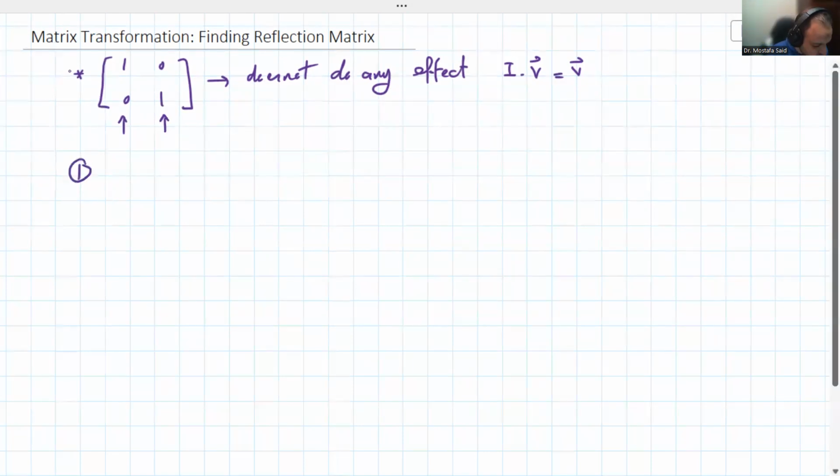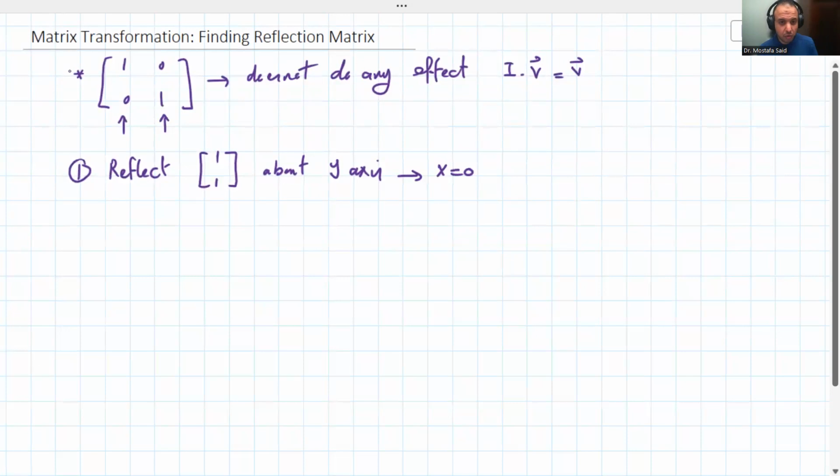Case number one: reflect the point, or vector, 1, 1 about the y-axis. The y-axis always has x equal to 0. You might encounter it called the y-axis or the x-axis, those are basically the same. Here are our coordinates.